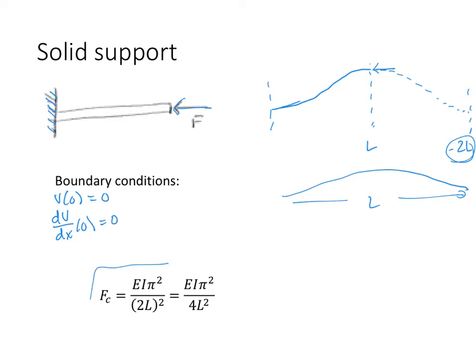That means we can take the equation we derived before and plug in 2L where it used to say L. And this results in the equation that's 1/4, that is 1 over 2 squared, of the Euler buckling force for a hinge in a pin. That is, a single solid support buckles at a 4 times lower force than one on a hinge in a pin.